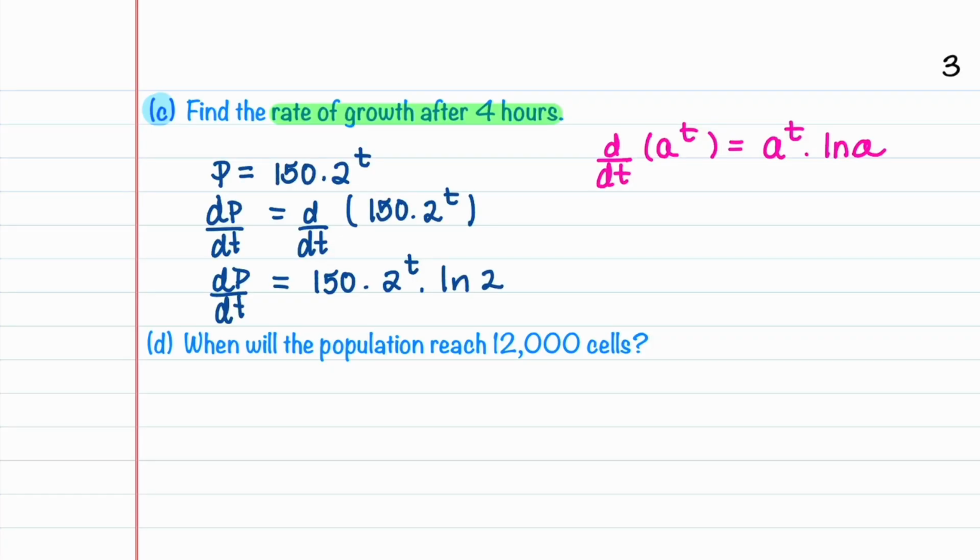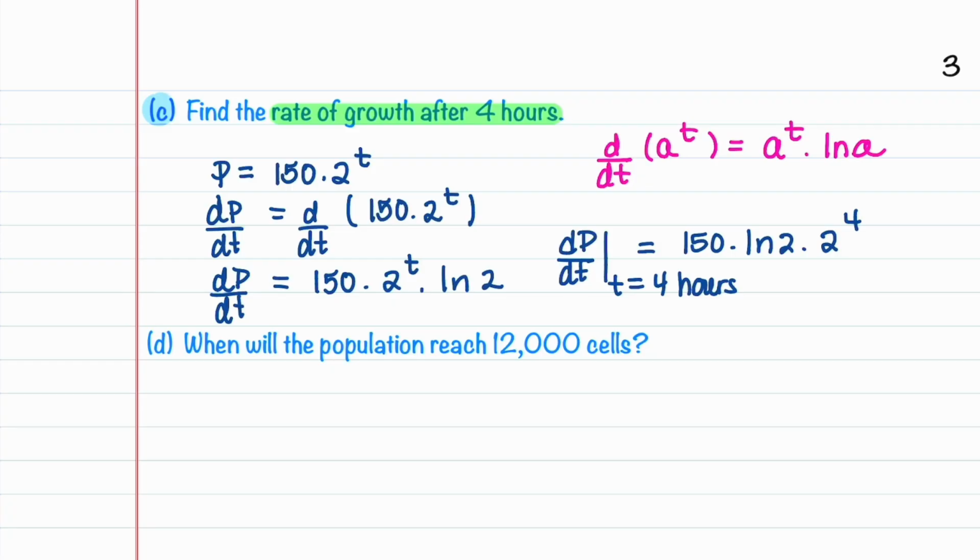Now we want to find dP/dt when t is 4 hours. So dP/dt when t is 4 hours is going to be 150 times natural log 2 times 2 raised to the 4th power.